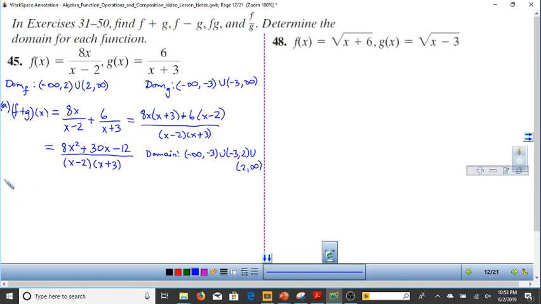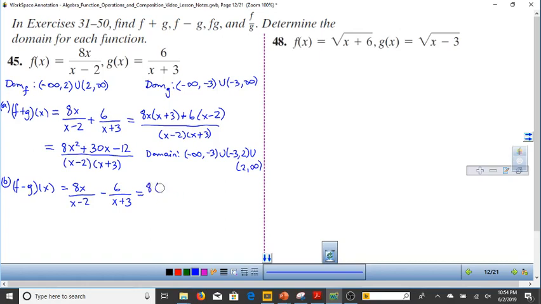Subtraction is pretty similar. Just remember that we have to distribute. So f minus g of x is 8x over x minus 2 minus 6 over x plus 3. A little extra work here, which I will bypass for time and space.